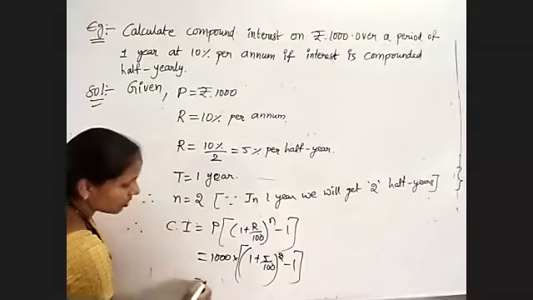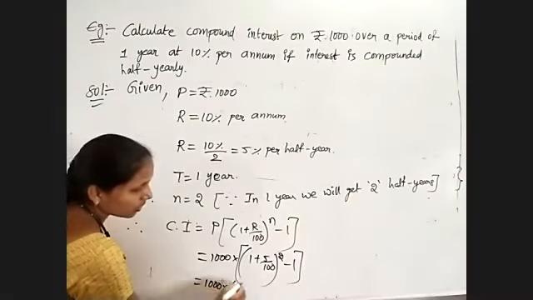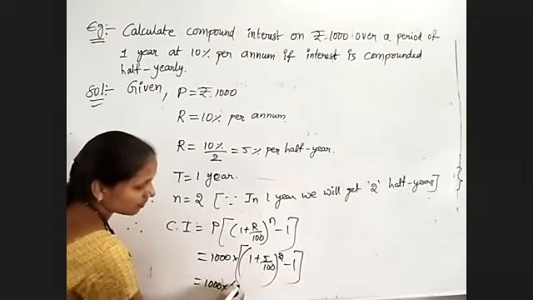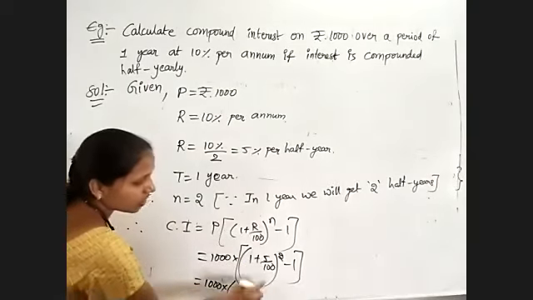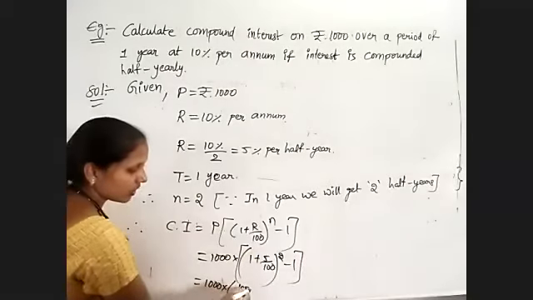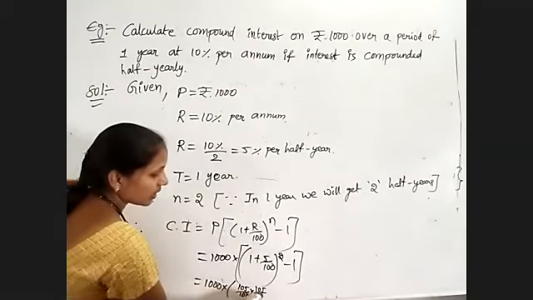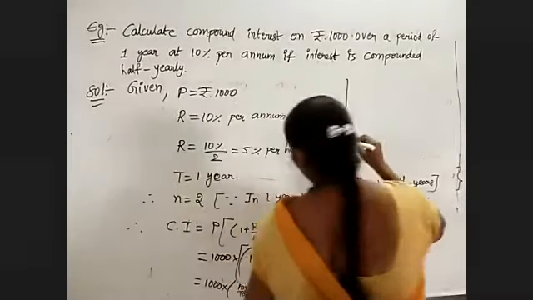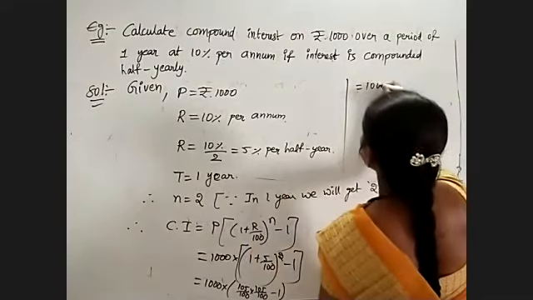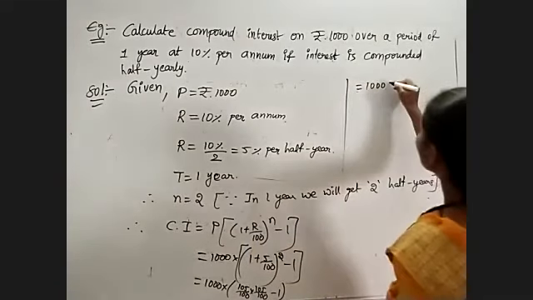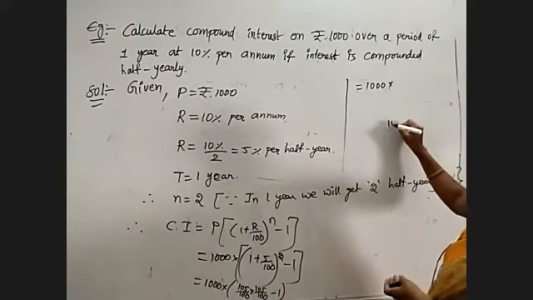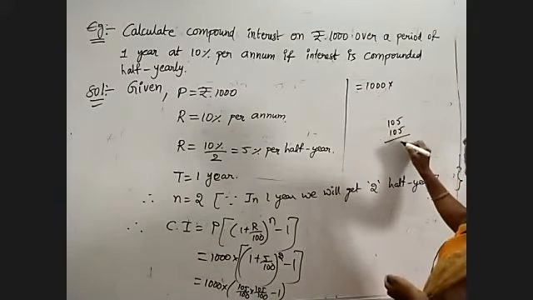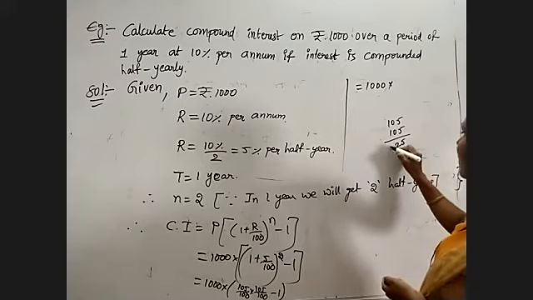Okay, so do the simplification. 1000 into (105 by 100), because square is there, so into 105 by 100, minus 1. So here calculations are lengthy. Now which is equal to 10,000 into 105 into 105. 5 5s are 25, 5 1s are 5, 0 0 0, 5 0 1.